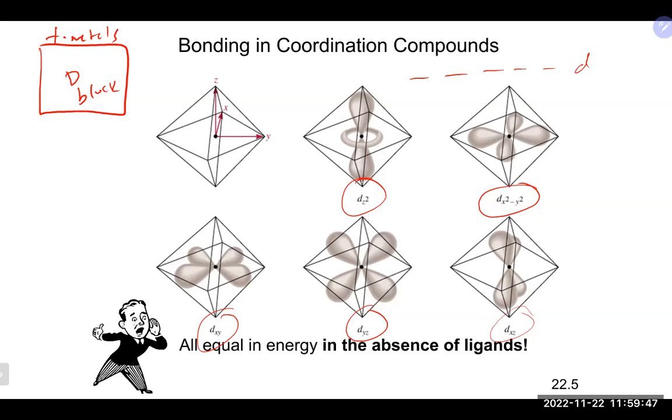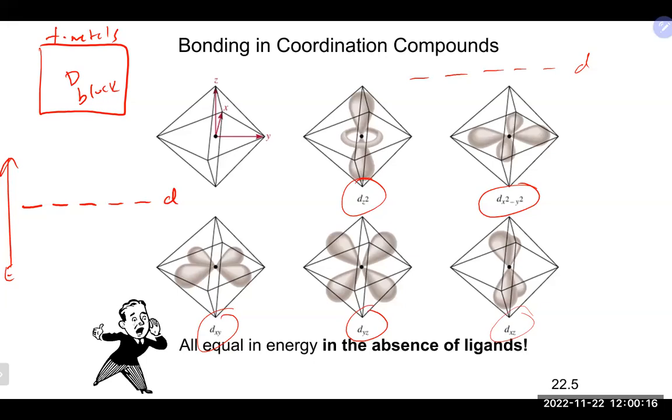Now, if we have a transition metal without a ligand, all 5 of those d orbitals will be exactly the same in terms of energy. That's important for how electrons fill these orbitals in general.